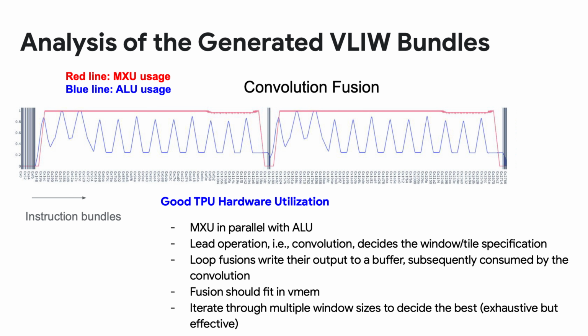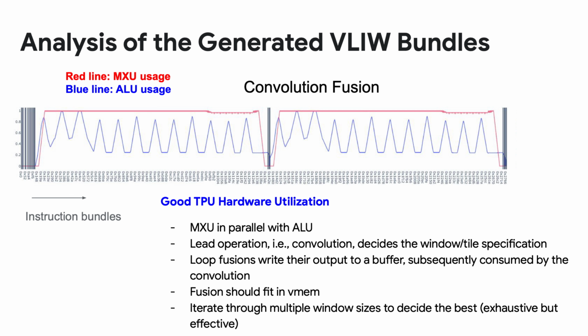And on the vertical axis, it's an occupancy metric for different co-processors. So if the VPU is used, the vload, vstores are used, or if the MXU is used, you get a dot on the vertical axis. And so across the bundles, you get to know how your different co-processors are being used. In this case, the red line indicates MXU, the blue line indicates the VPU, the vector operation.